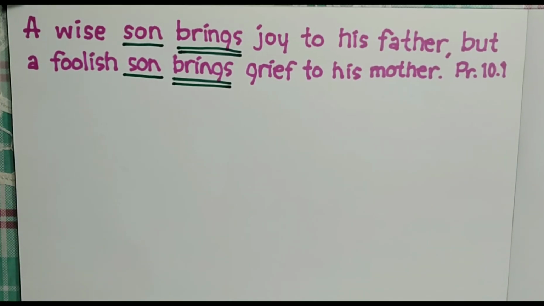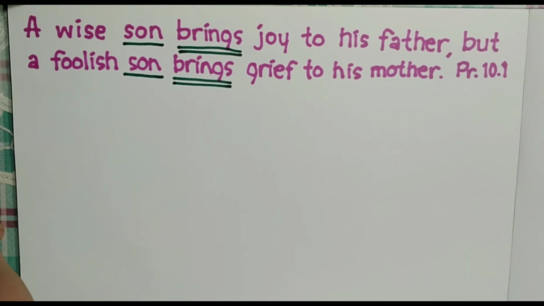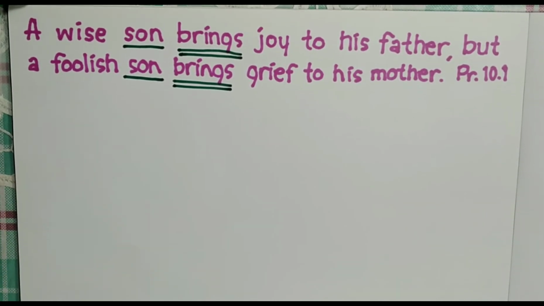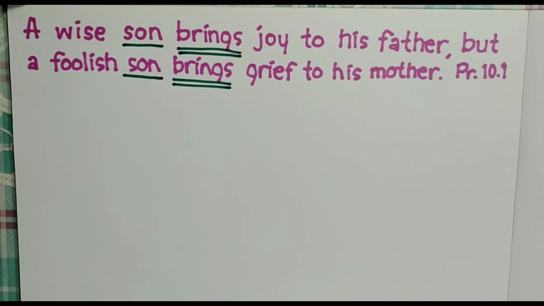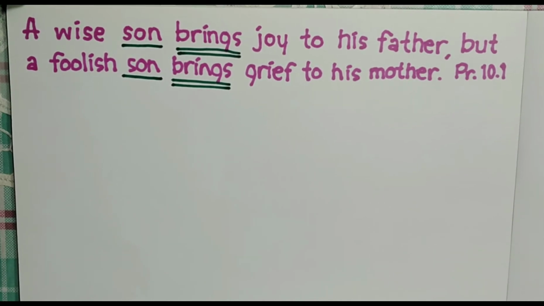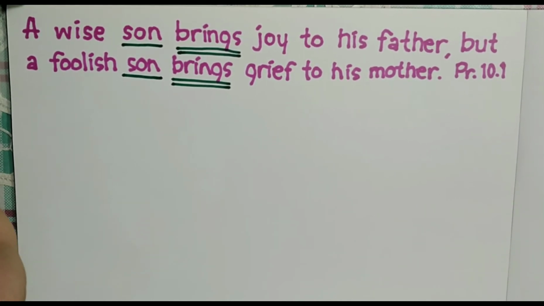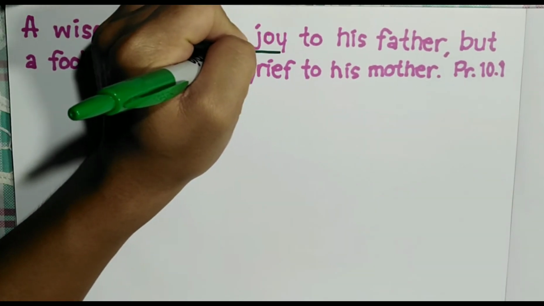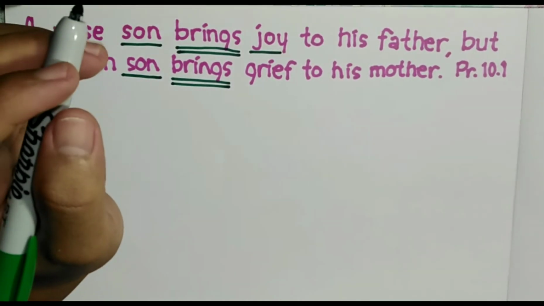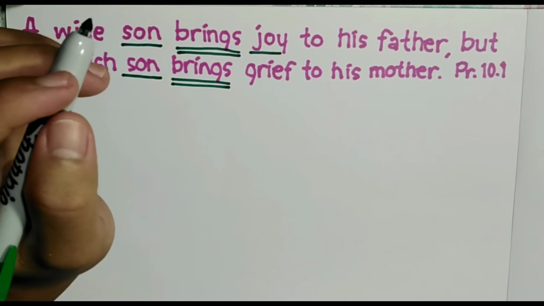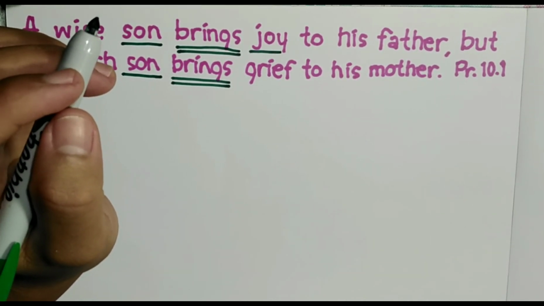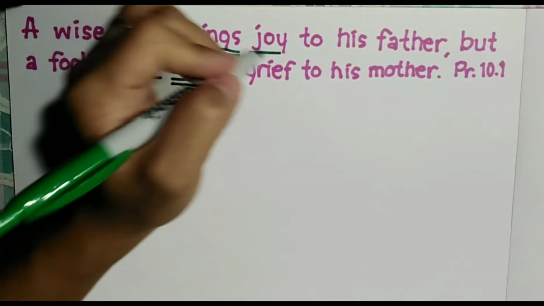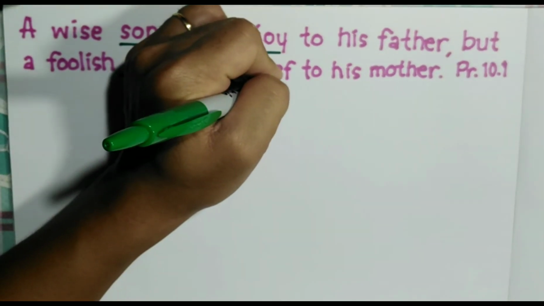Okay, what else do you notice? Do we have a direct object? Yes. Very good. Now we have the direct object joy. Son brings joy. And then for the second line, son brings grief.